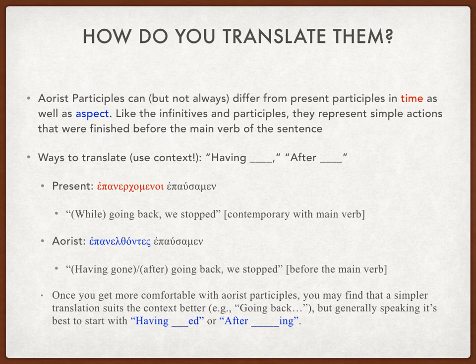One of those two ways is always a perfectly acceptable and perfectly accurate way to translate an aorist participle to make sure that it happens before your main verb. So that's your key thing to remember for aorist participles.